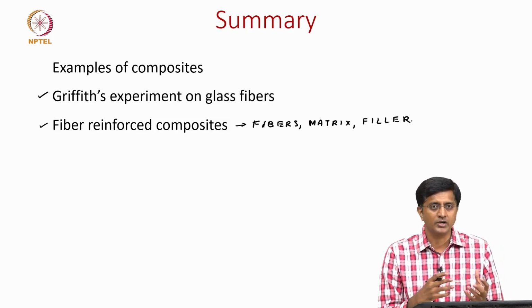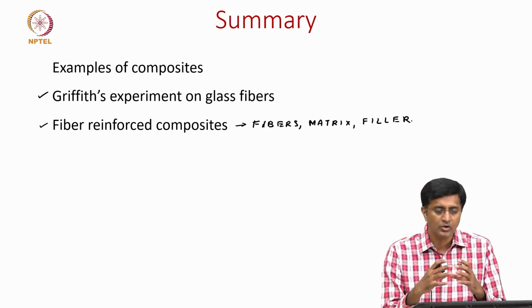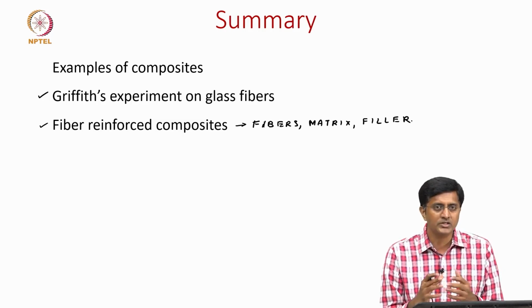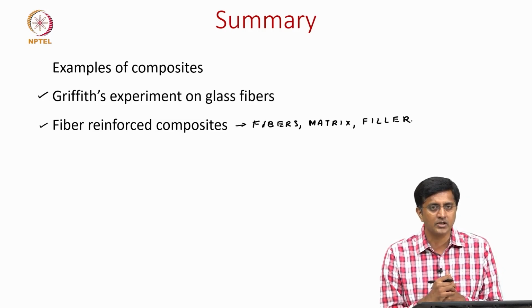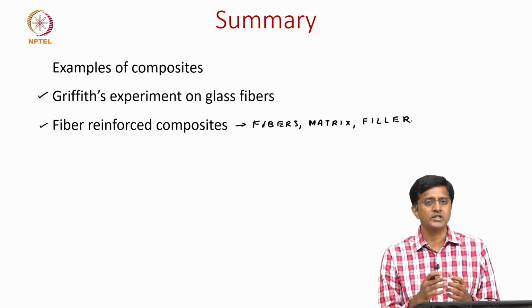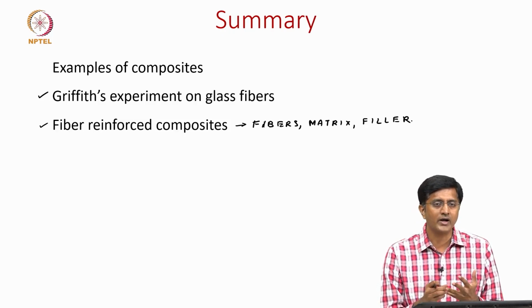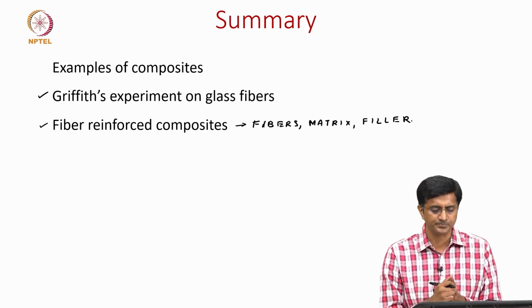The fibers give high strength and stiffness, the matrix brings the fibers together and transfers or distributes the loads. Filler is not for structural enhancement, but to give other important properties such as low weight, resistance to fire or resistance to sunlight exposure, which is UV exposure.